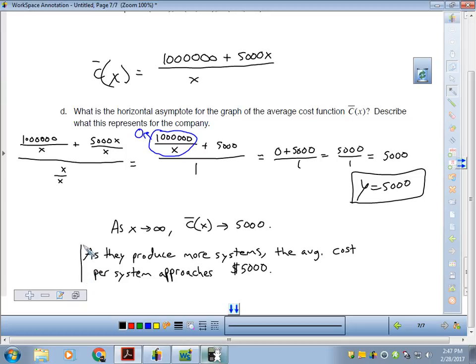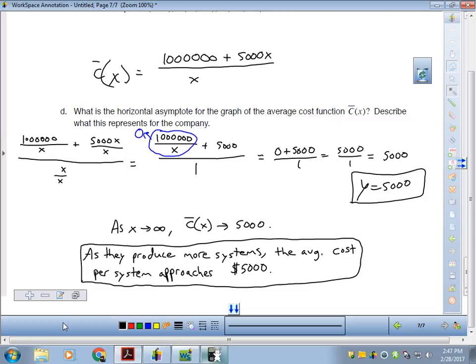So that's kind of what it means for the company. As they produce more and more of these systems, the average cost per system is going to approach $5,000.